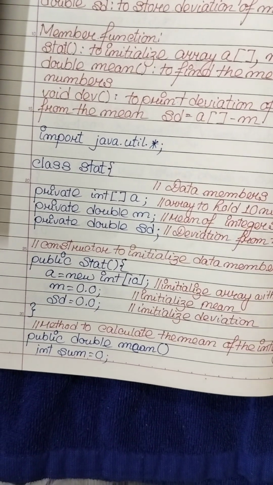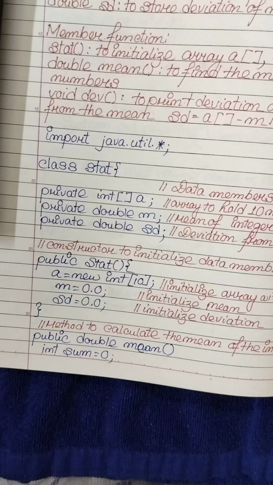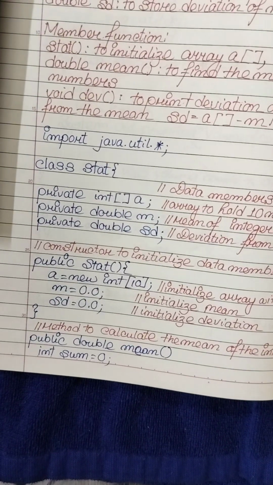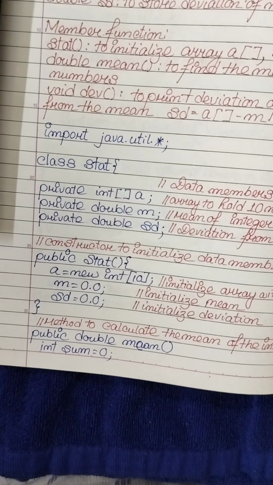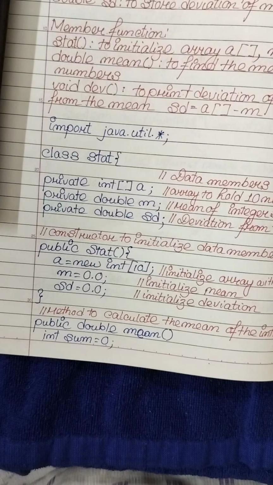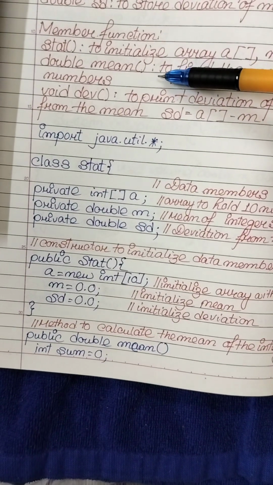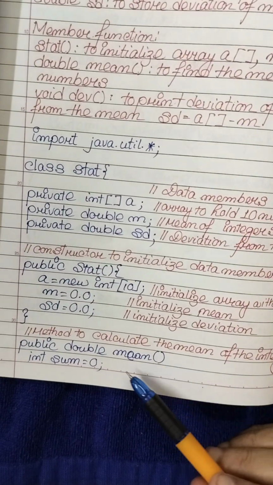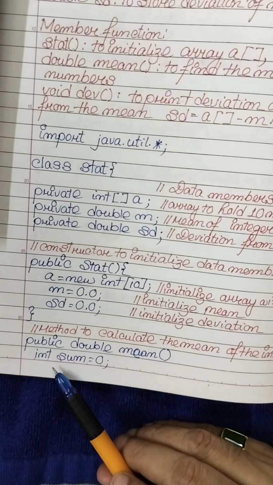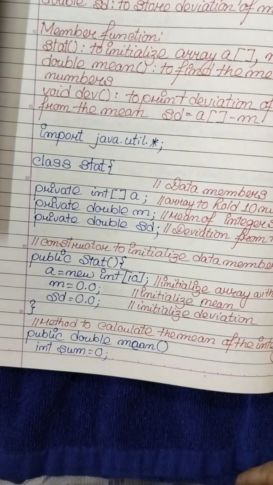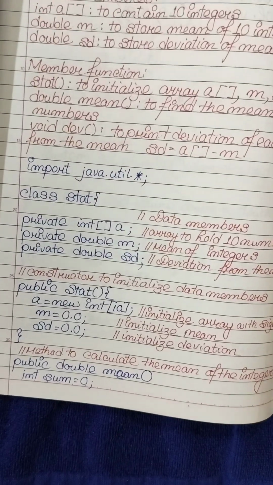Next our task is the method to calculate the mean of the integers. So public double mean. Here we declare int sum is equal to 0.